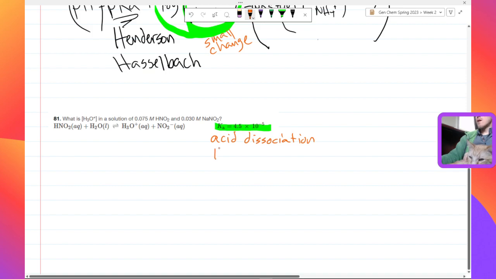Whatever's going on, we're going to have some sort of acid that is going to go into water and it's going to produce a proton that's going to latch onto the water producing hydronium ion. And, you know, interchangeably, we will talk about the concentration of it as either that or that.